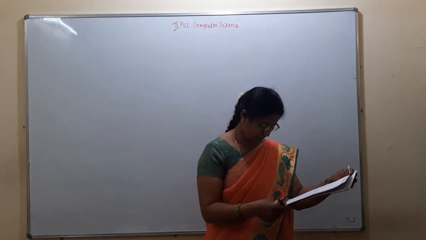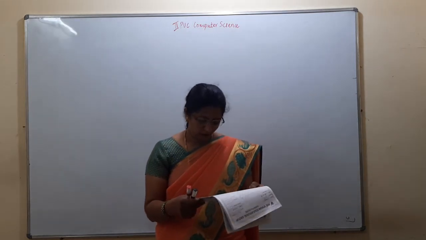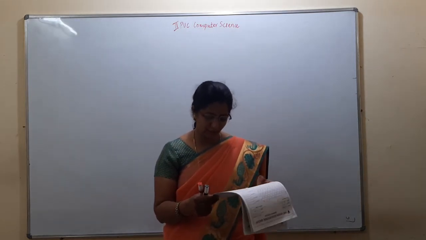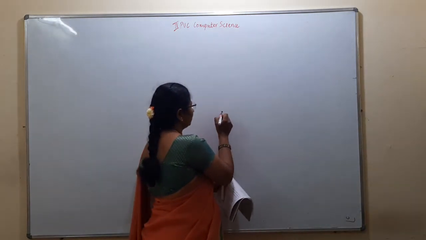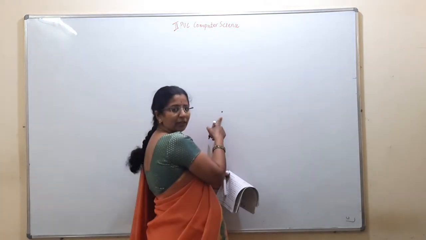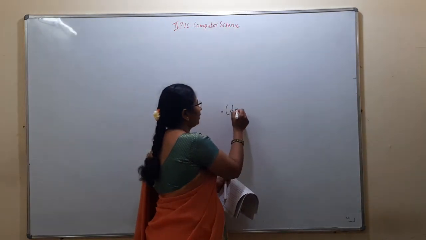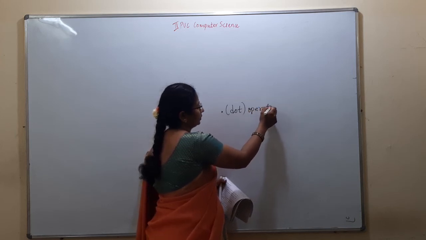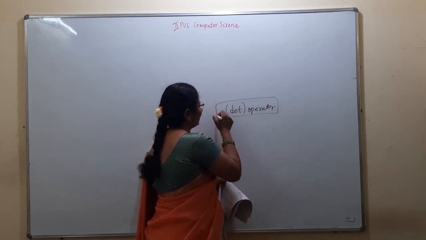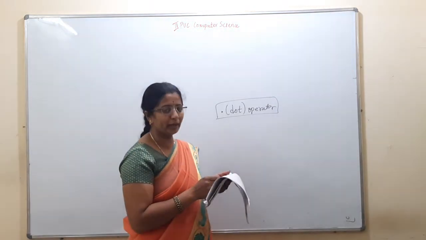Then the next question. How to access the class members? I have clearly given the dot operator. And they have given just the dot. I told you should write dot operator. So please don't neglect this one. 1 mark is also very important.